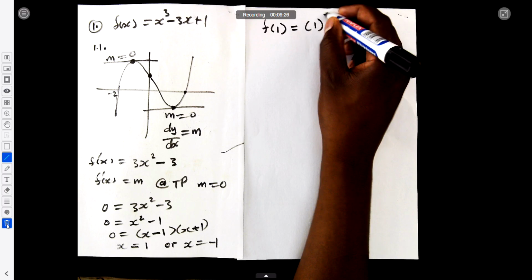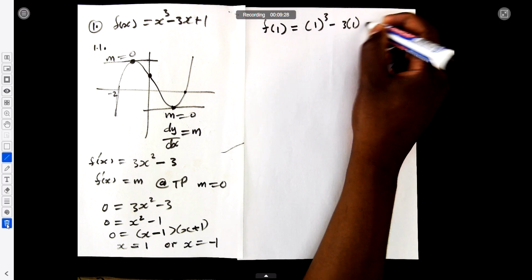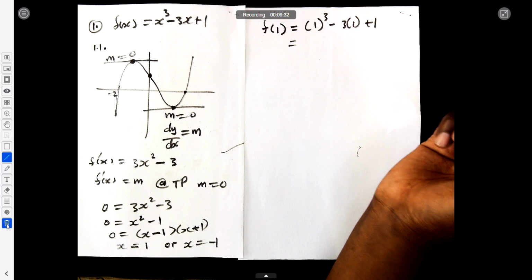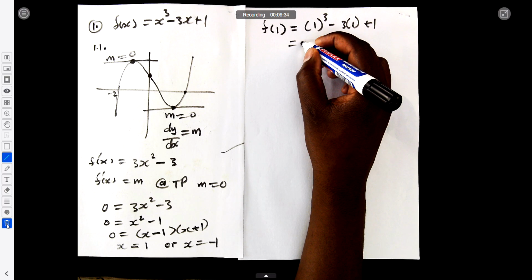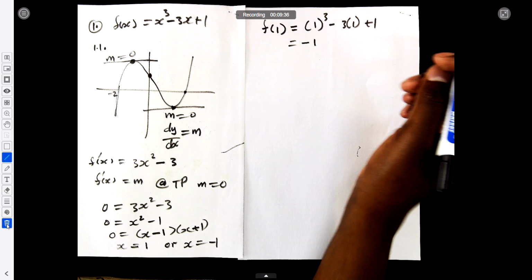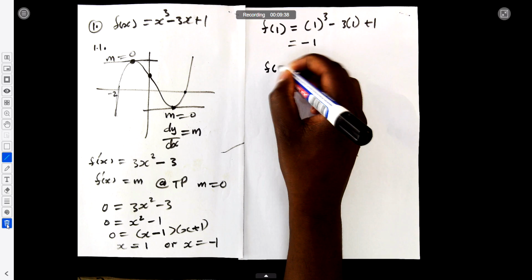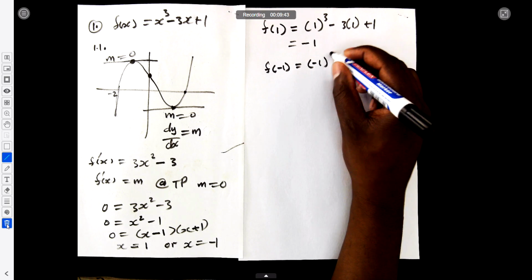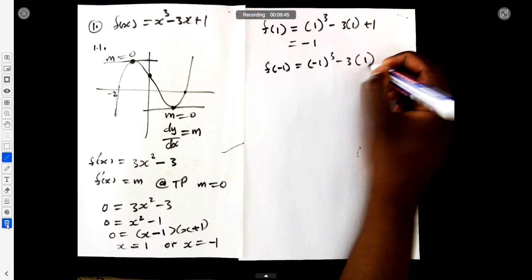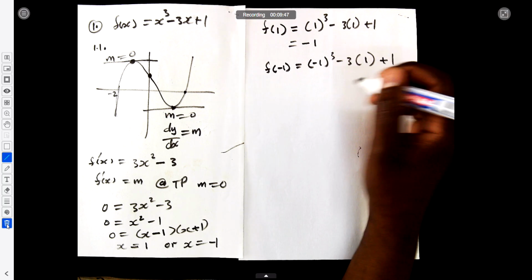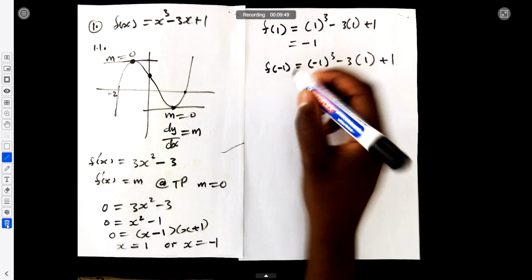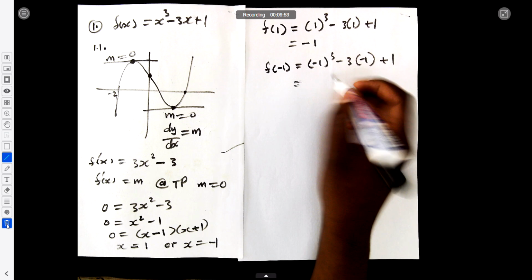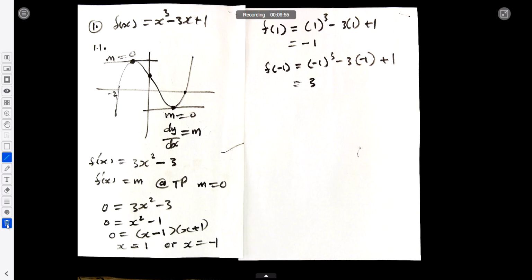So we have 1 to the power of 3 minus 3 into 1 plus 1. So we have negative 1. And the other one, let's say it's f of minus 1, plus 1. So it's positive 3. So we have positive 3.